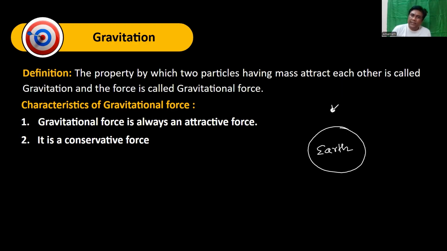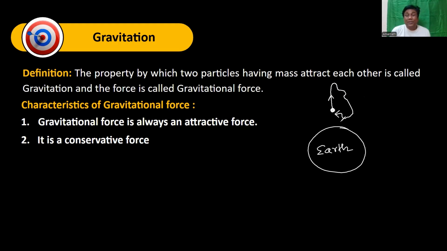I have taken this particle to this position, then taken it back, and finally come to this position only, through this loop. The particle's initial position and final position are the same, so work done will be zero. If work done is zero in a particular loop, then the force is called a conservative force.